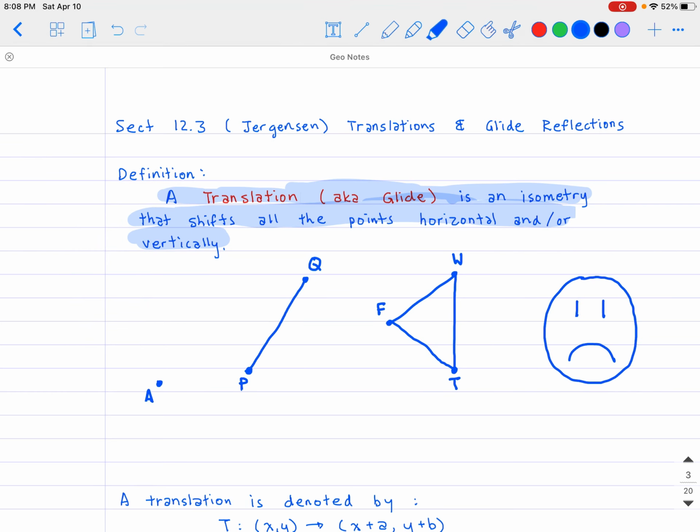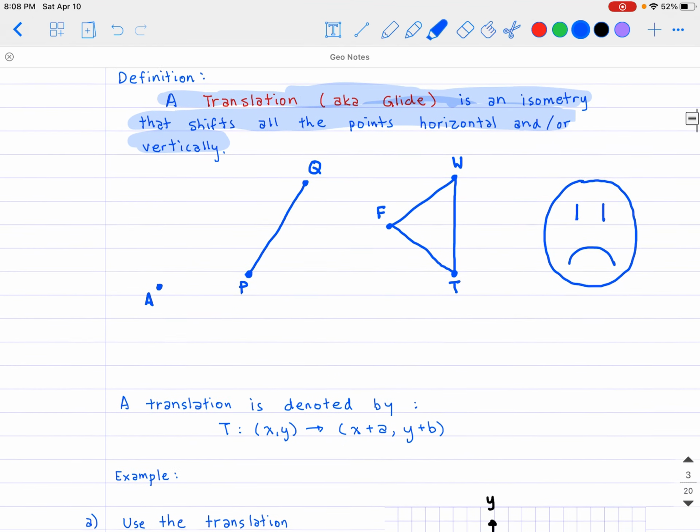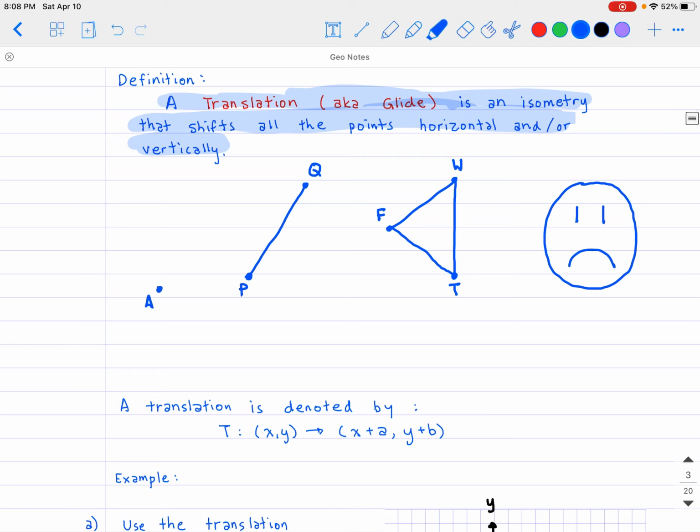Okay, so let's go ahead and write a translation as an equation so you can see how that works out. Since we said earlier that if you're translating something diagonally, it's really just a combination of moving it horizontally then vertically, we're going to write it as follows, just to make it a little bit easier for us.